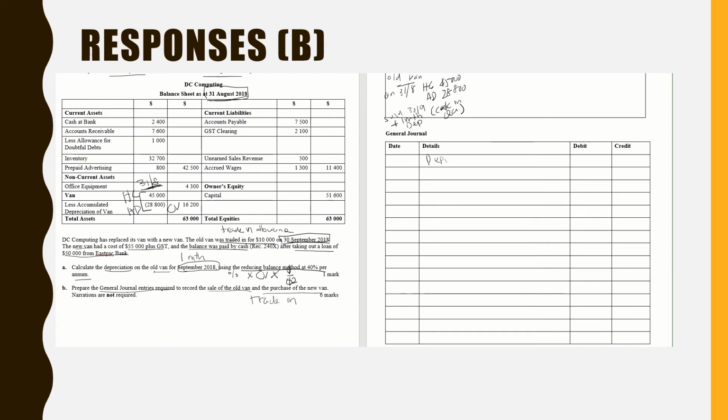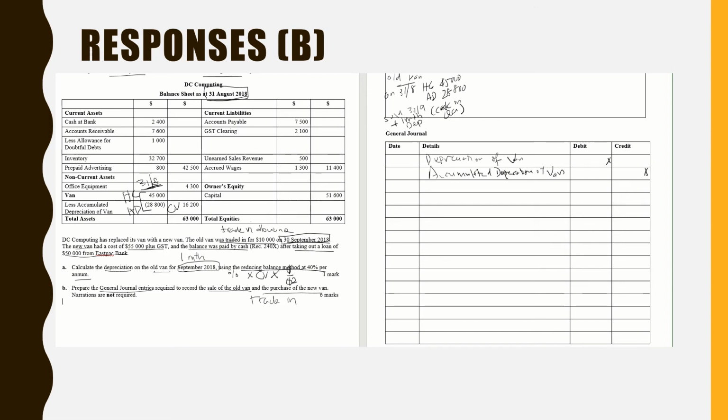So depreciation of van, and here we have accumulated depreciation of van. Okay, now obviously you guys can write a little bit neater than I am. I'm doing this electronically. So what would the entries be? It would be debit to the depreciation expense and credit to the accumulated depreciation.